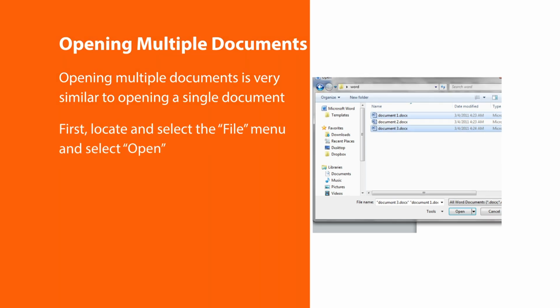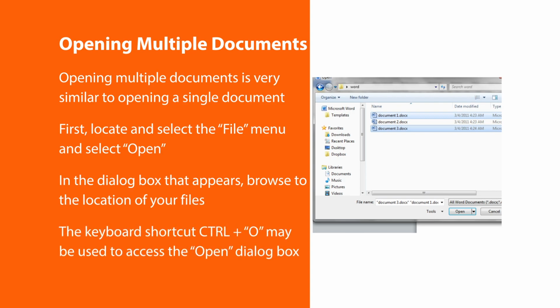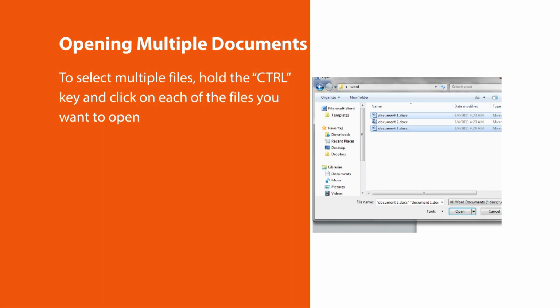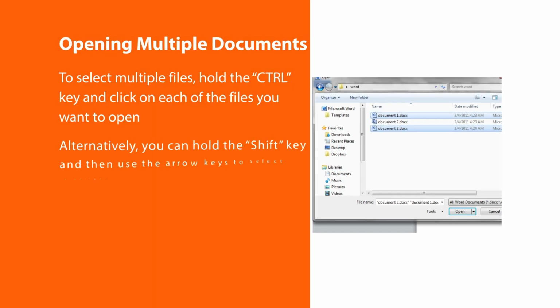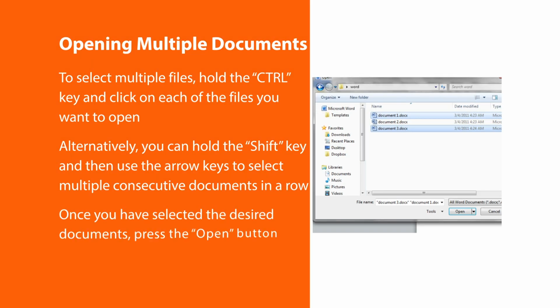First select the File menu and select Open. In the dialog box that appears, browse to the location of your file. The keyboard shortcut Ctrl+O may be used to access the Open dialog box, and to select multiple files, hold the Control key and click on each of the files you want to open. Alternatively, you can hold the Shift key and use the arrow keys to select multiple consecutive documents in a row, and once you have selected the desired documents, press the Open button.